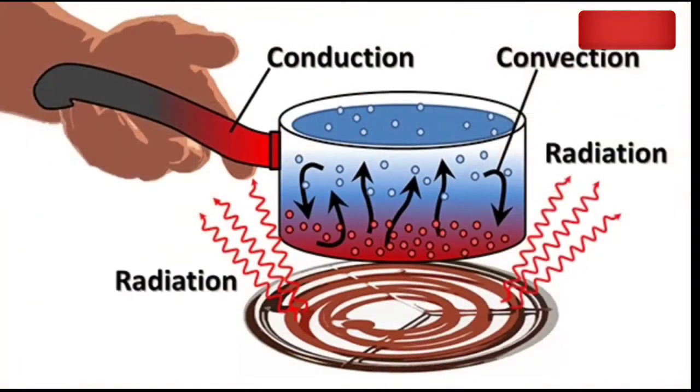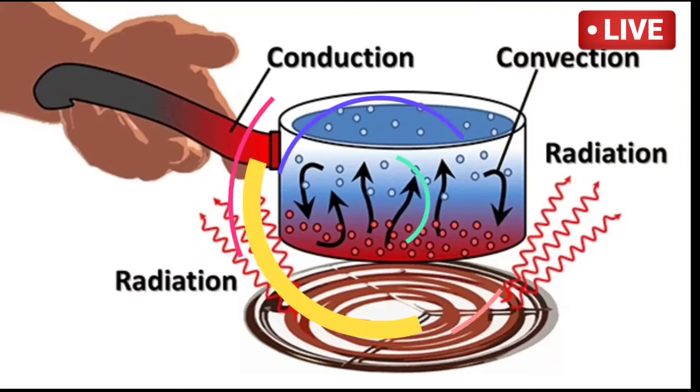You can also see the example of a candle. A burning candle gives light, and at the same time heat also comes. If you hold your hands close to the candle, what are you going to receive? Heat. At the same time the candle is giving light also. So that is the example of light and heat. From the sun's rays also we receive the same energy, that is light and heat.